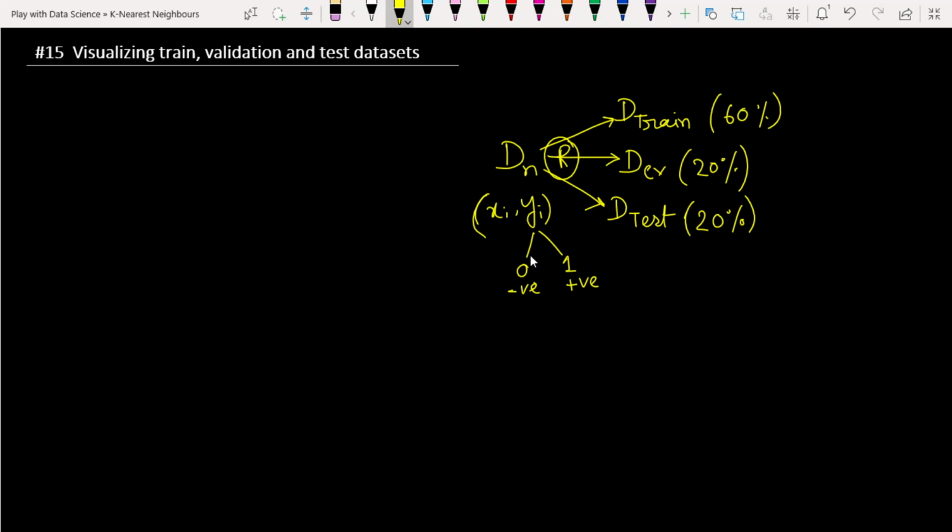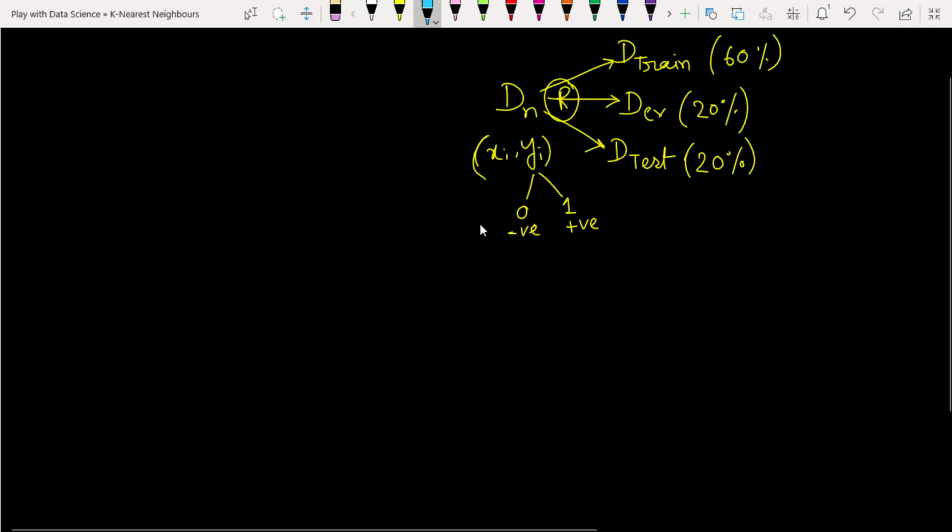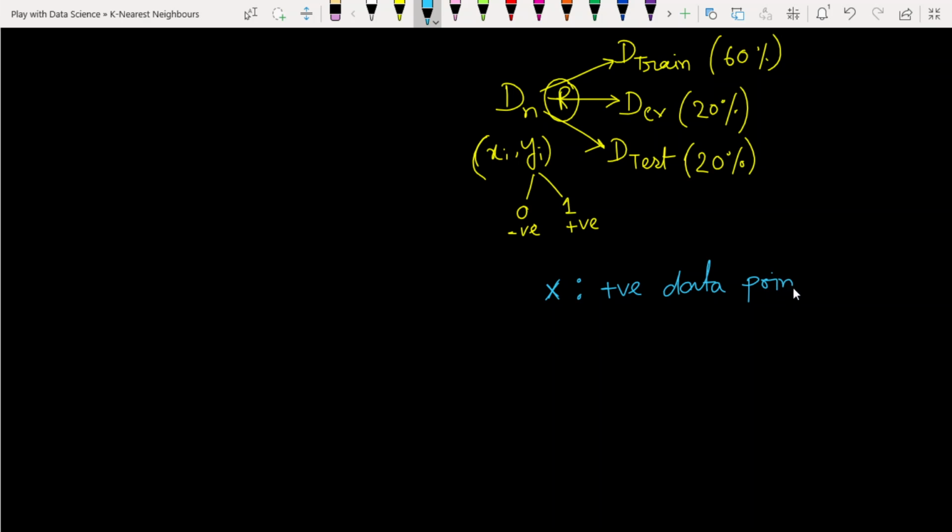The main thing is how to visualize these partitions of the data sets. Suppose we have a data set. I am using the blue color for positive data points. This blue point is a positive data point from D train, and I am using the red color for negative data points in D train.